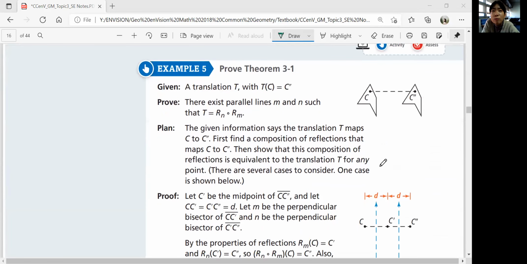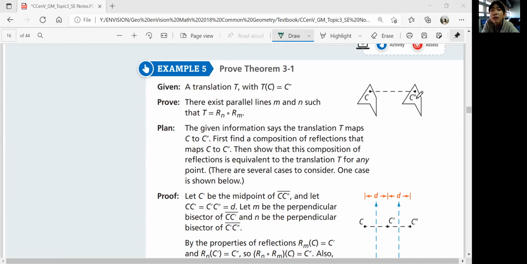Example 5, proving theorem 3-1. A translation T with T of C equal to C prime. Okay, that's given. We have translation from C equal to C prime.